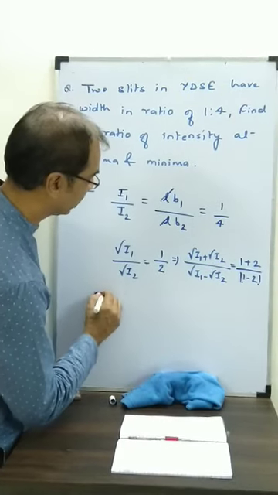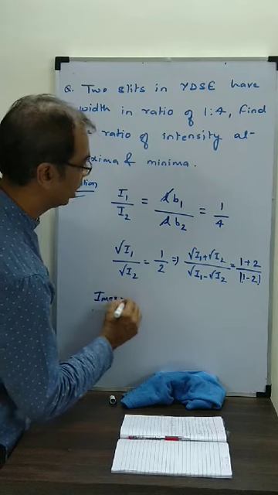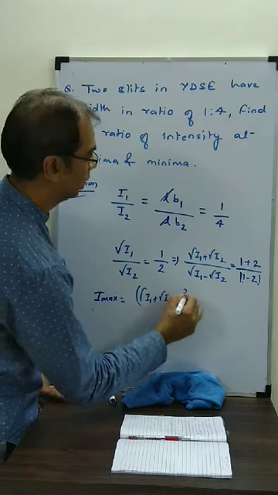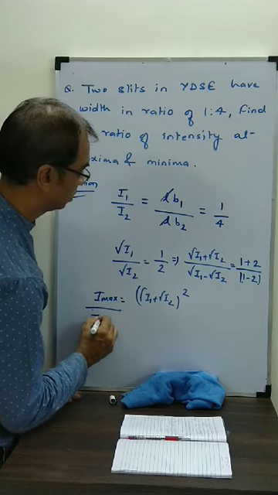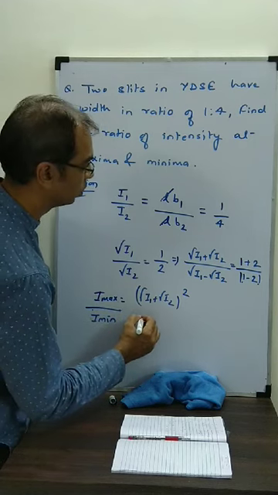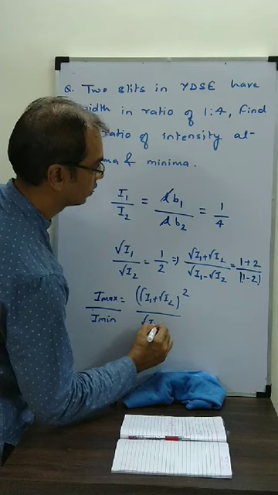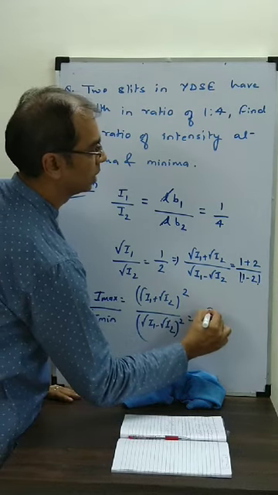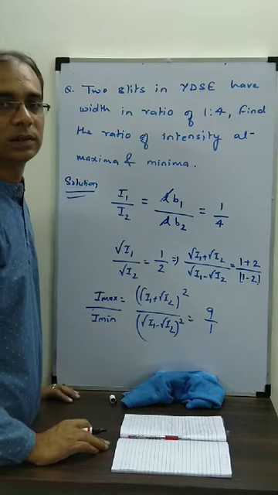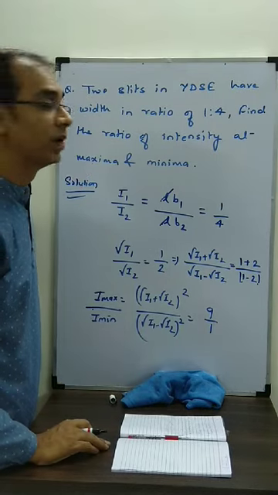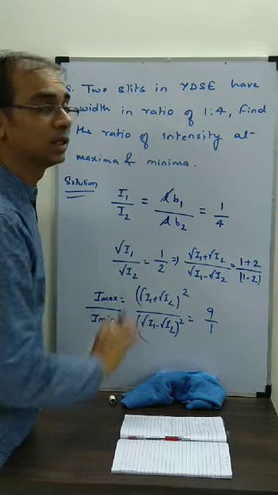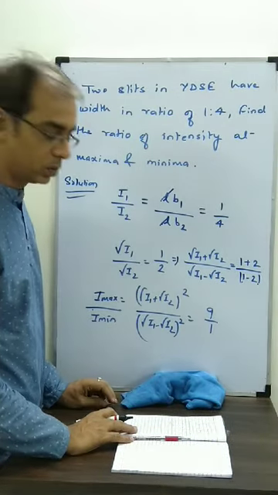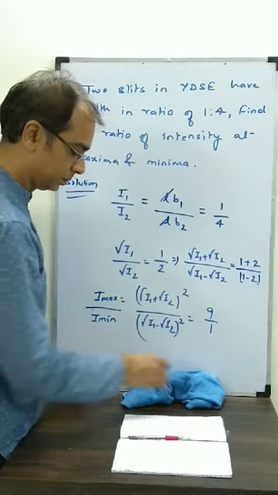What we want: I maximum means (root I1 plus root I2) whole square, and I minimum means (root I1 minus root I2) whole square. So squaring, 9:1. That will be our answer. If any question is given in which the width of the slit is given, this is the way to do it. Let's see another question.